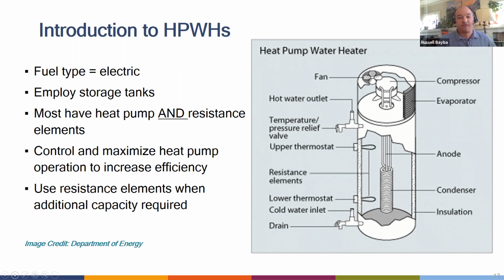There's a temperature relief valve, an upper and lower thermostat. The hot water comes out from the top, and cold water comes in from the bottom. They're well insulated, like most tanks now, and then there's a condenser that runs to the center of the unit itself. Next slide.